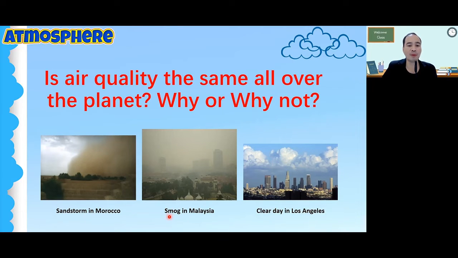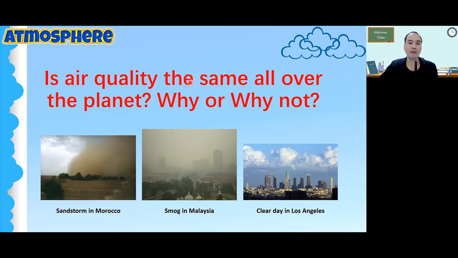That is smoke plus fog. This is not the natural fog that you can experience on a very cold morning. This smog is produced by the factories and the cars. Those are the smokes that combine with your fog. It is very dangerous if you are exposed to this smog for a longer period of time.